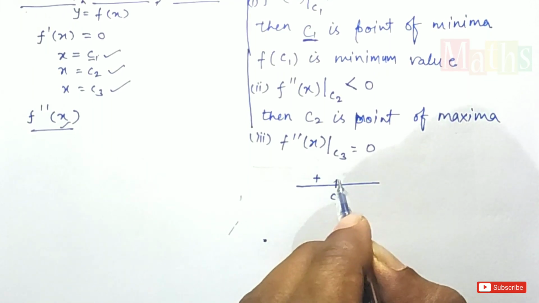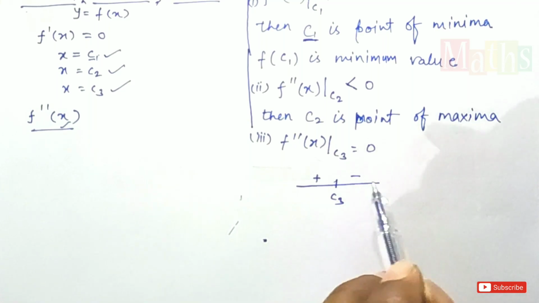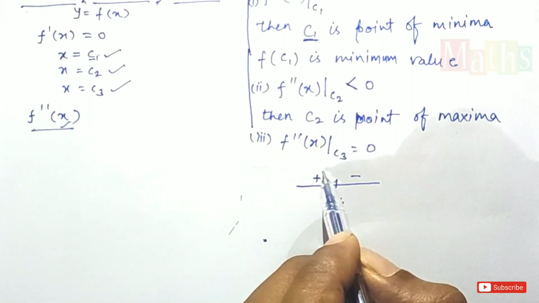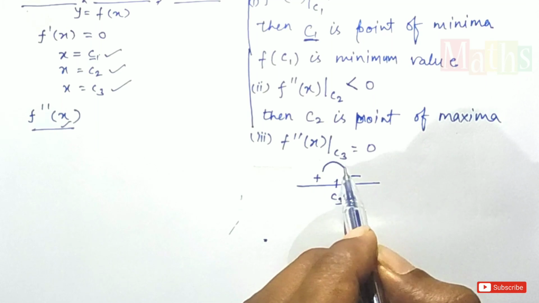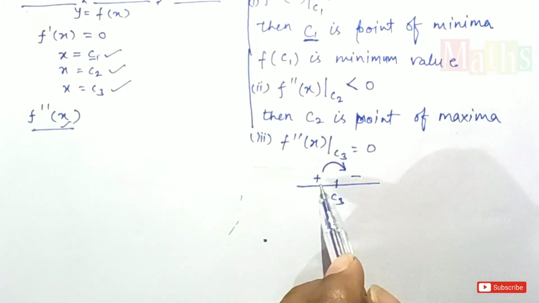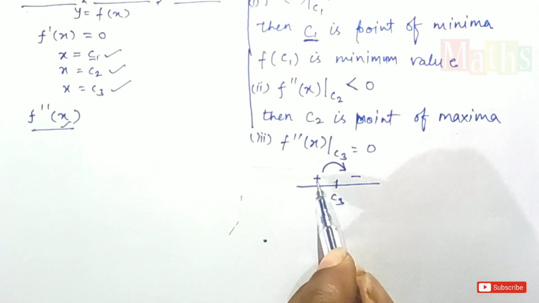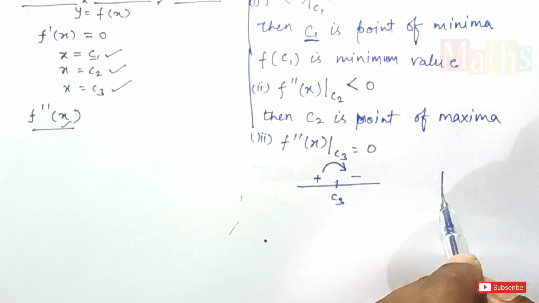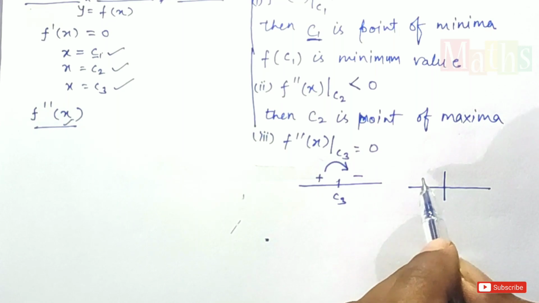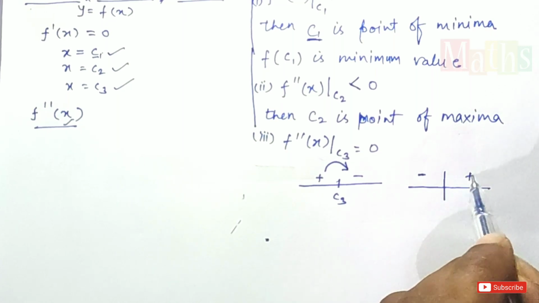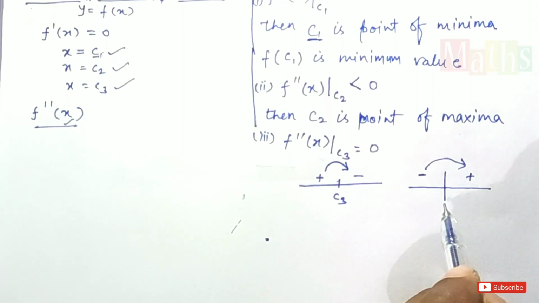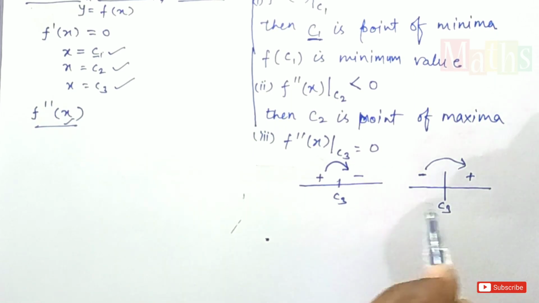If you get this type of sign, then at this point our function will be maximum. That means C3 is a point of maxima, and if we get the sign like minus to plus, then C3 is a point of minima, and at this point our function will have the minimum value.